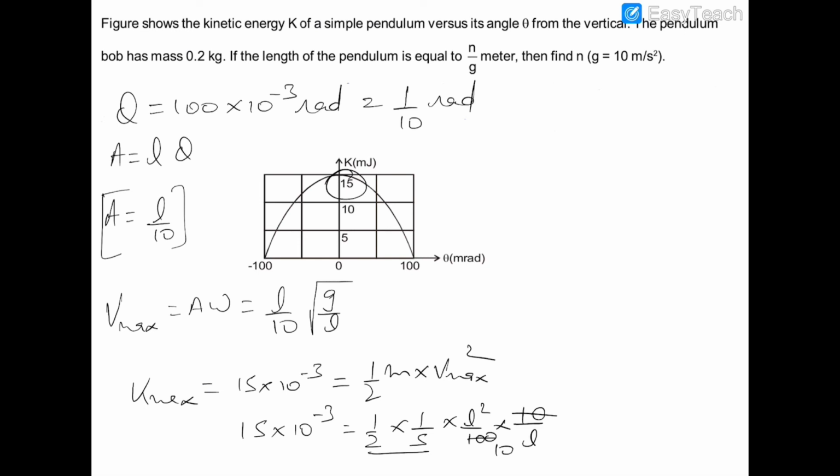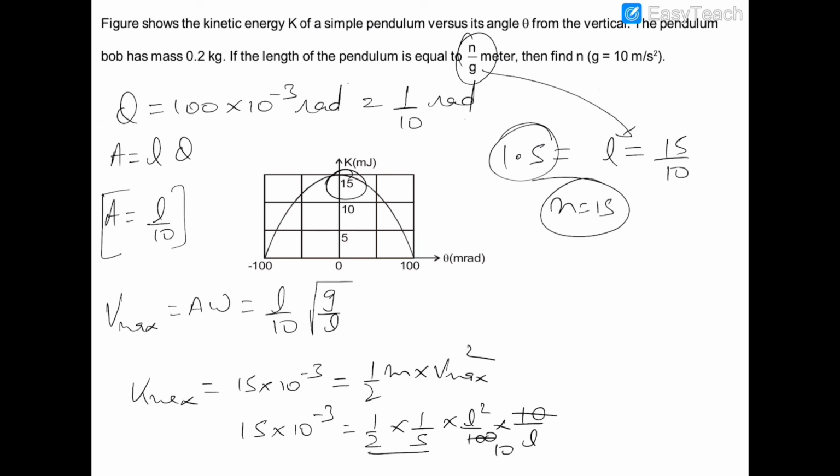So 1.5 is equal to L, and this 1.5 can be written as 15 by 10. So L will be equal to 15 by 10, and if we compare it with this one, then N will be equal to 15. So the correct answer is 15. Now let's move on to the next question.